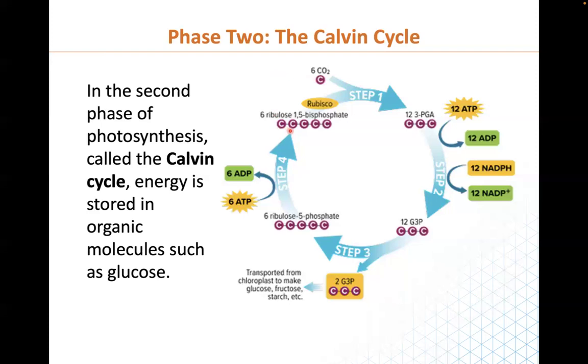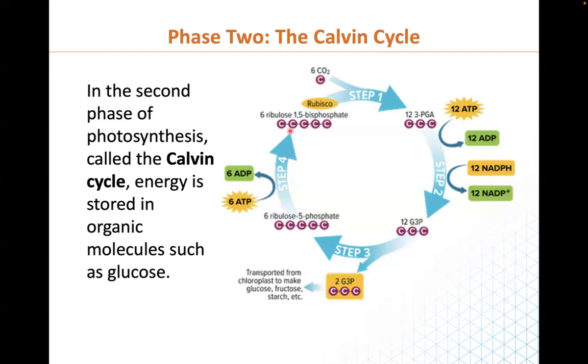Rubisco, which is an enzyme, would facilitate the combination of one CO2 molecule, bringing in a carbon atom to the reaction. That gives you a total of 6 carbon atoms times 6, which gives you 36 carbon atoms. And that's why we have 12 3-PGA.